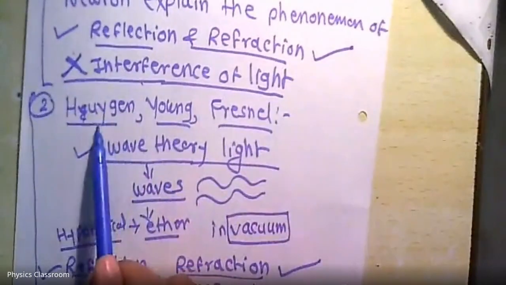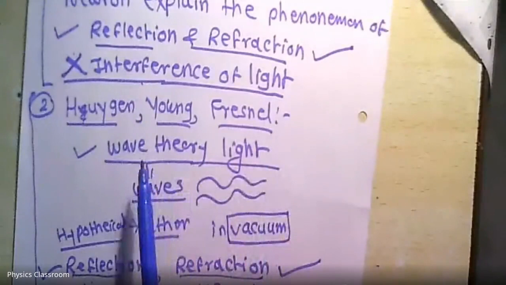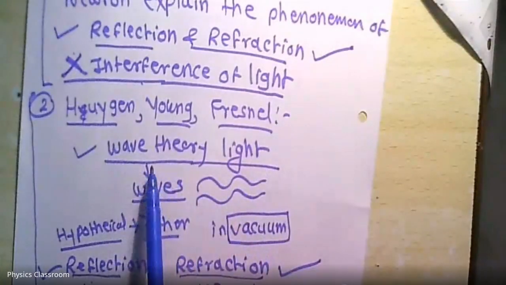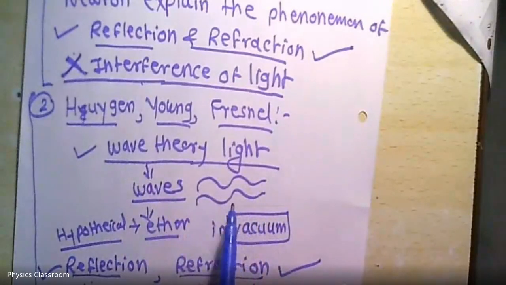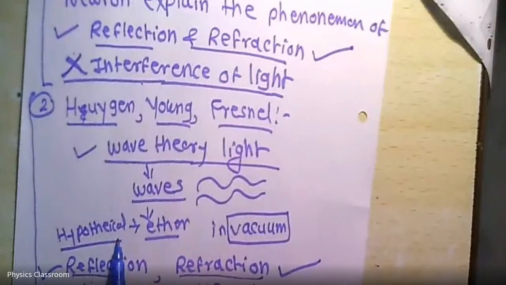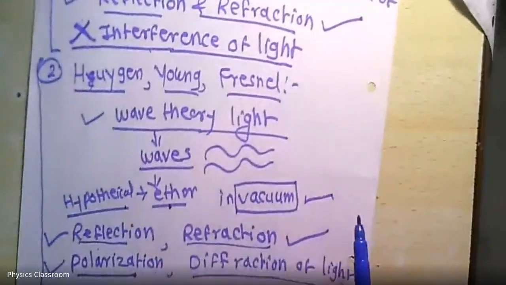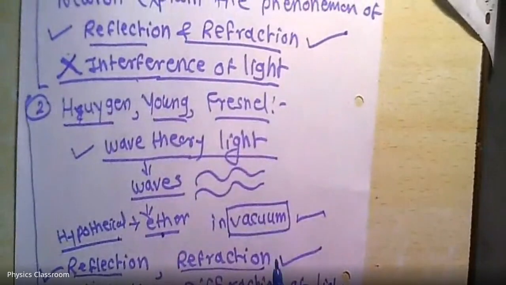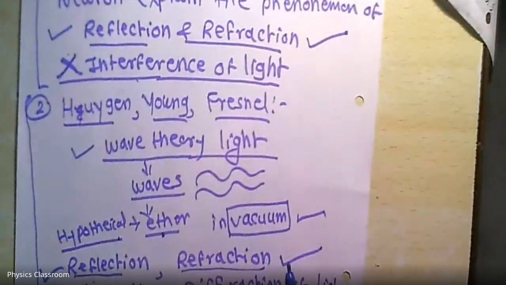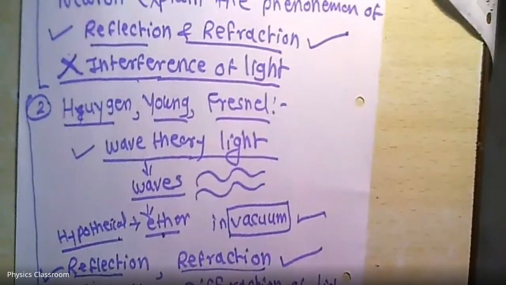Then the second is Huygens and Fresnel. They explained the wave theory of light, with a hypothetical medium called ether, which is also valid for vacuum. Earlier mechanics told us that wave travel needs a medium, like air or water.